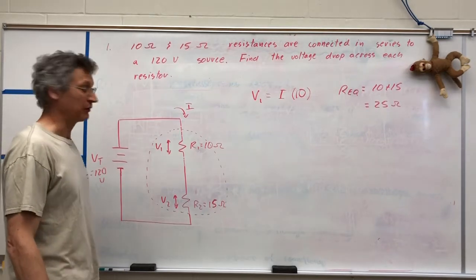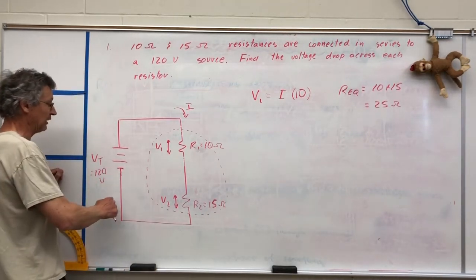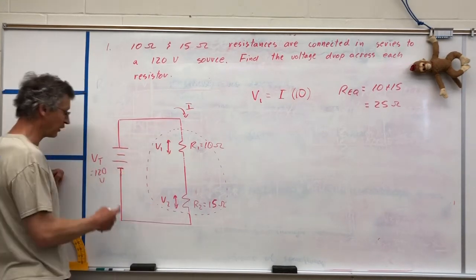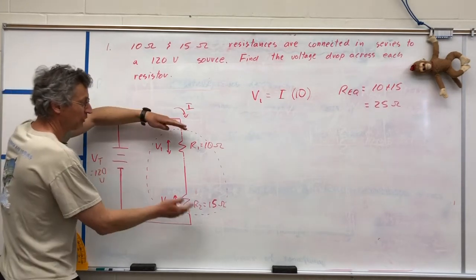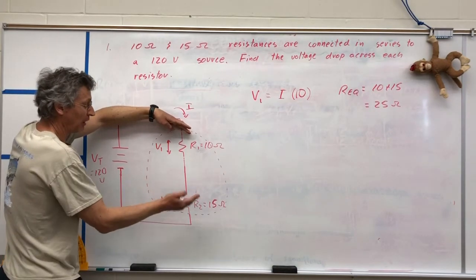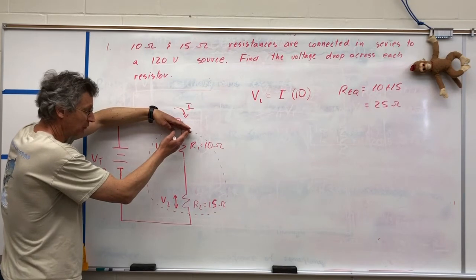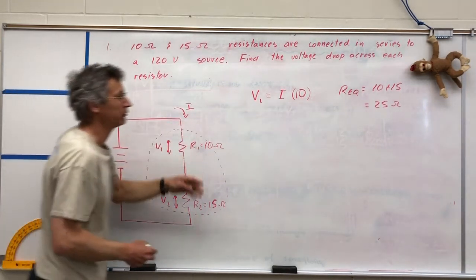Now, how about this? In any circuit, the potential increases are equal to the potential decreases. So you've got a potential increase of 120 volts on this side. That means through this one big resistor here, remember, we're treating these two things as one big resistor, the potential decrease is going to be 120 volts.